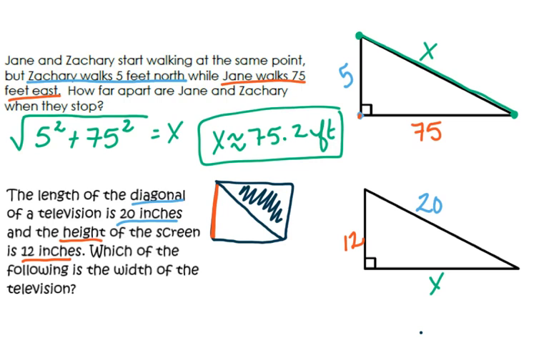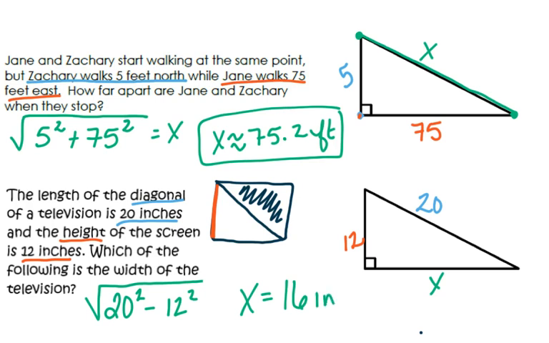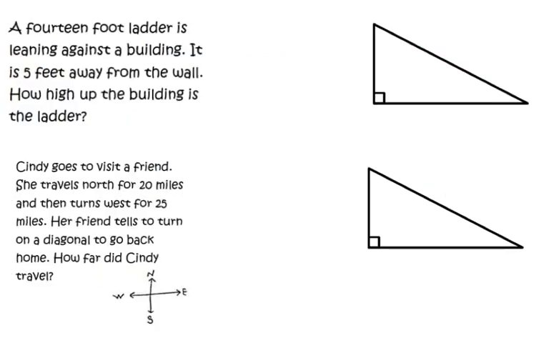So this time I've got a hypotenuse and a leg, so we use the formula, the hypotenuse squared minus a leg squared, and then we square root that. So if you type that into your calculator, 20 squared minus 12 squared, and then you square root it, you're going to get that x, the width, is going to be 16 inches.